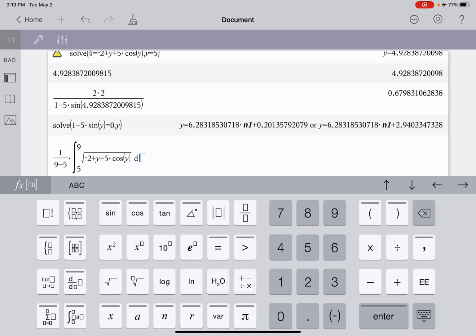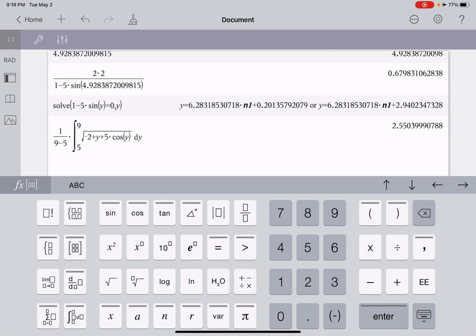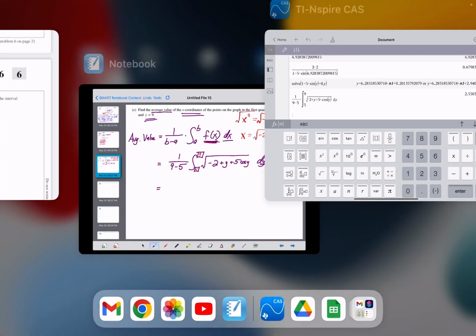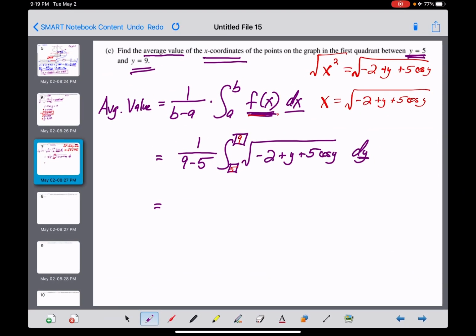And we're integrating all of that with respect to y. And when we hit enter, I would go ahead and hit control enter just to get that decimal. This should be the answer we're looking for here, guys, of 2.550. So let's write that one down. 2.550 is going to get us the average value here.